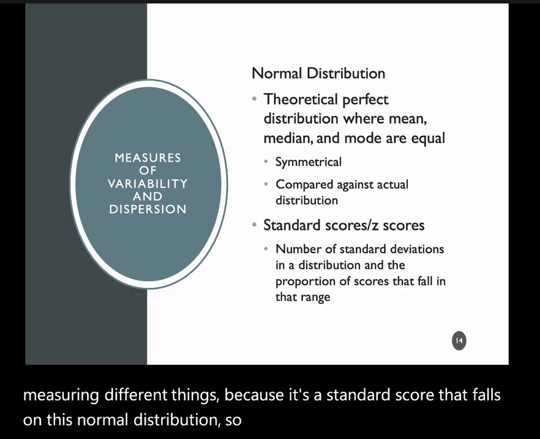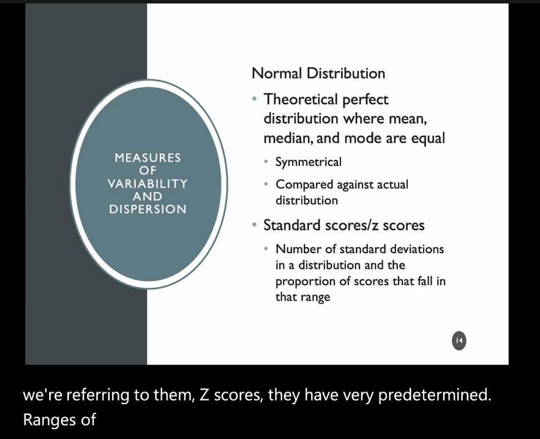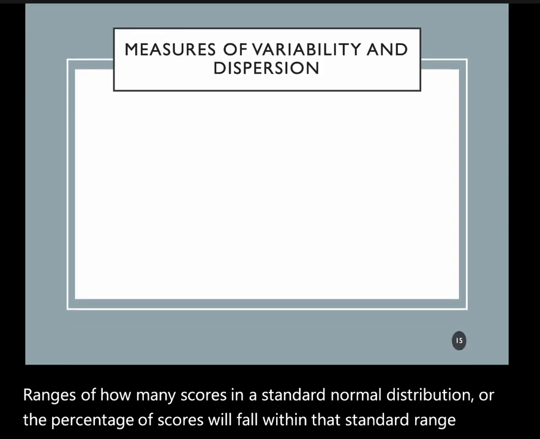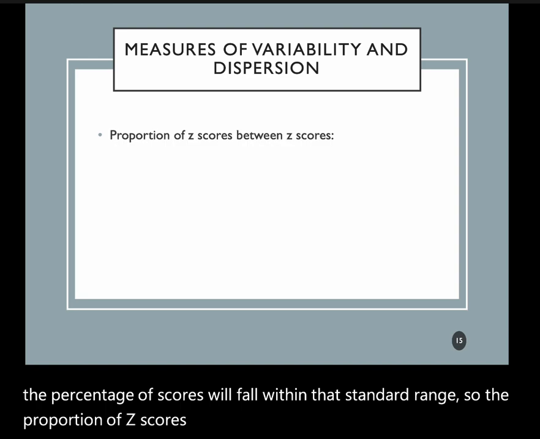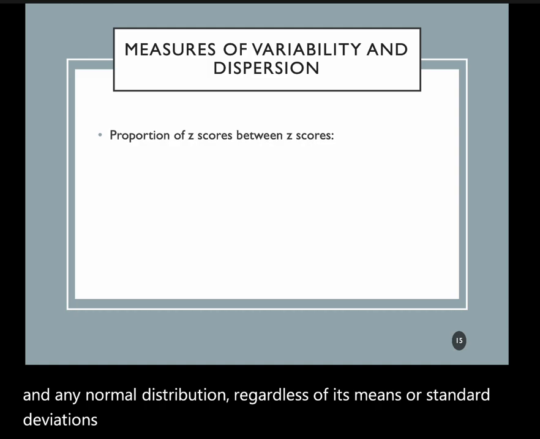So with standard scores, or z-scores as we're also referring to them, they have very predetermined ranges of how many scores in a standard normal distribution, or the percentage of scores, will fall within that standard range. So the proportion of z-scores that fall between any number of z-scores in any normal distribution, regardless of its mean or standard deviation, are defined by the following rules always.